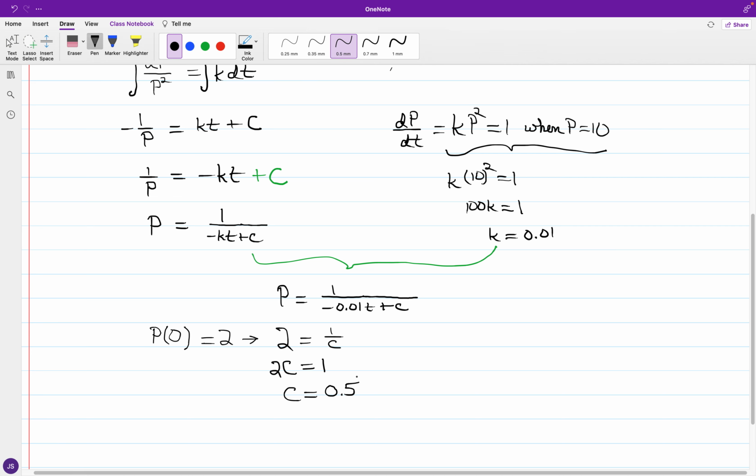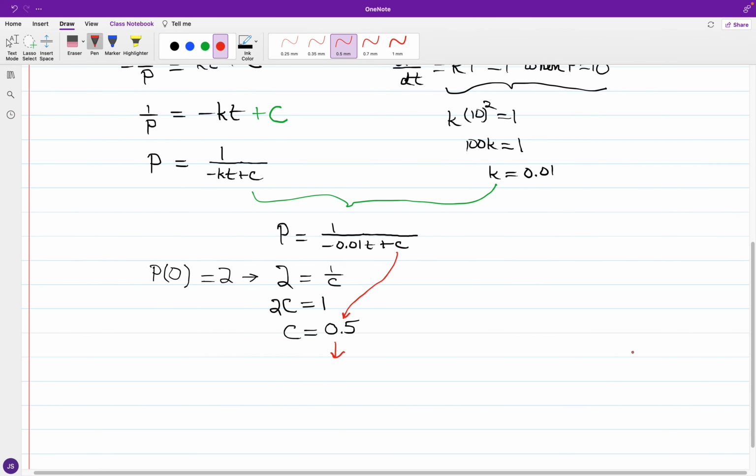So with the constant at 1/2, we have for the population at any time t that p is equal to 1 over negative 0.01t plus 1/2.